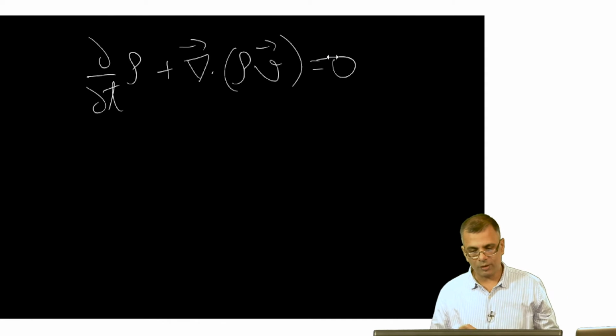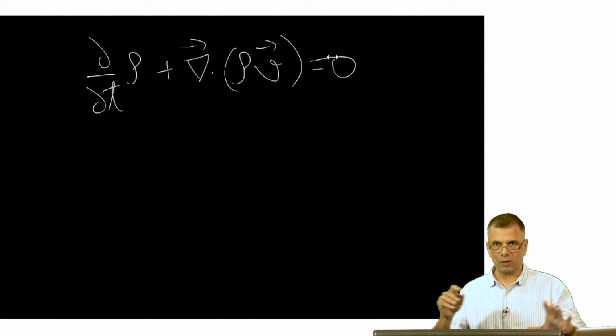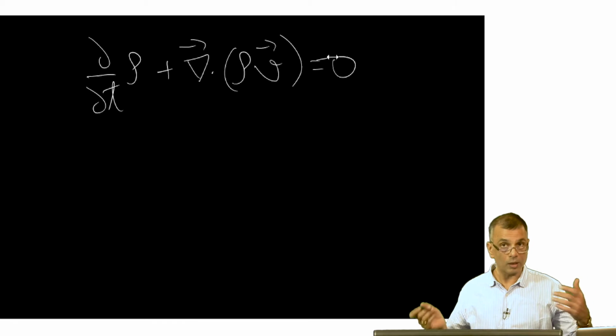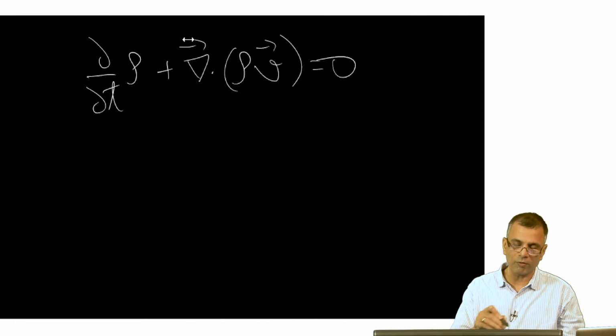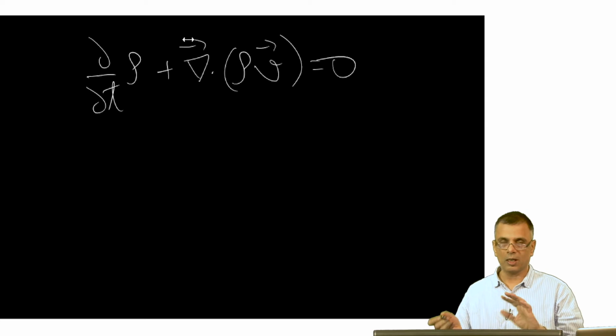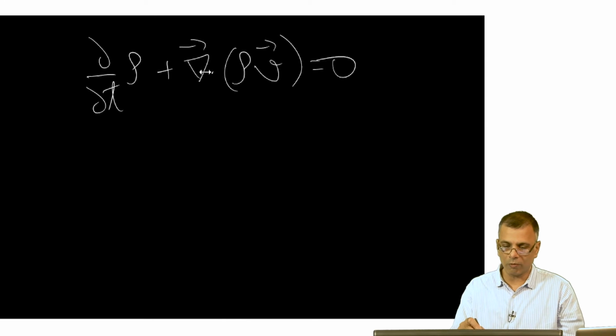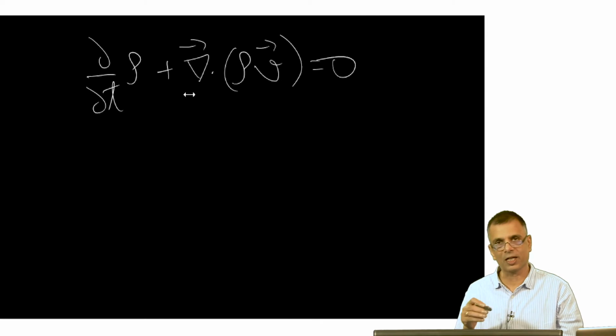This is how it's written in general, in a coordinate system free manner, where the divergence operator assumes an appropriate form in the appropriate coordinate system. You have, for instance, in a Cartesian coordinate system, just x hat d over dx, y hat d over dy, and so on and so forth.